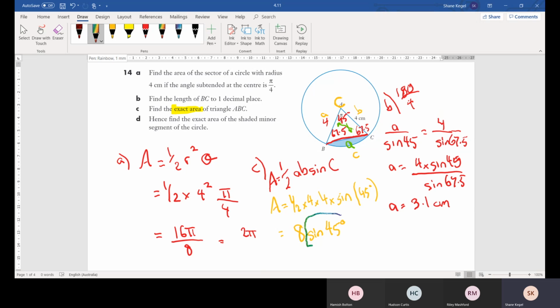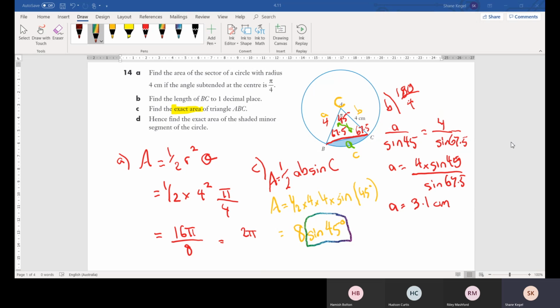So to get my exact value of sine 45, which you'll notice we can get exact values for sine, cos, and tan either of 30 degrees, 60 degrees, or 45. So I'm going to have to look back to my reference sheet, which should tell me my exact value. So I'll pull that up quickly.